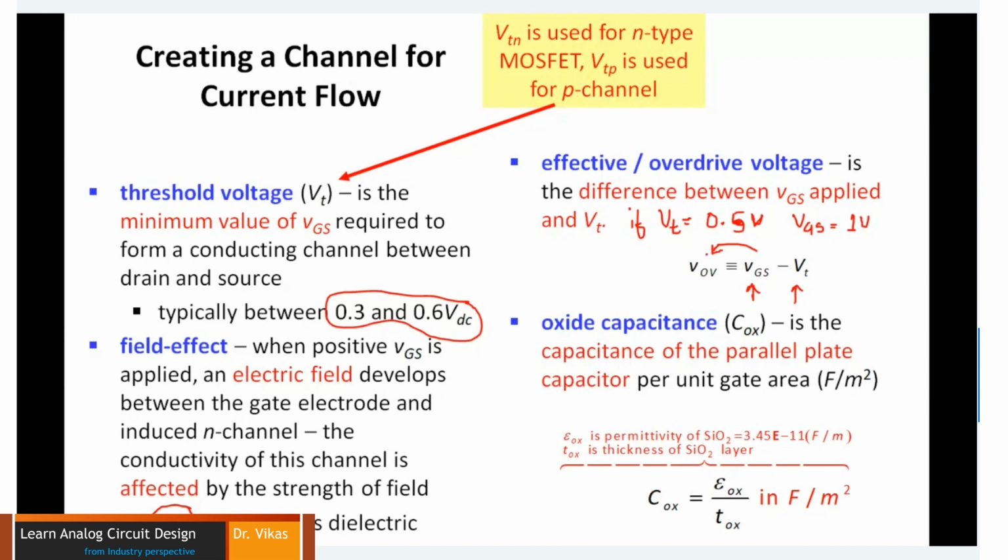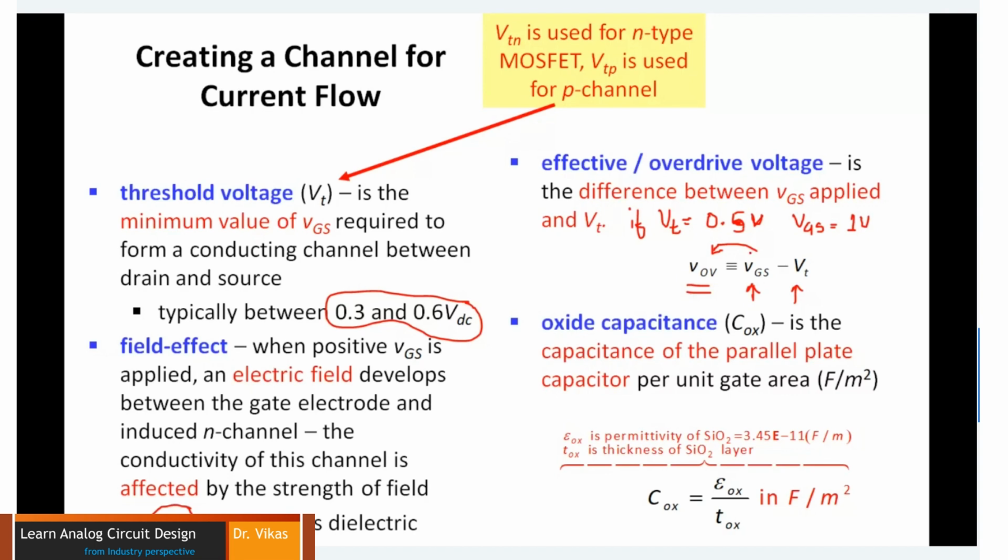It is the effective voltage that makes the channel formation and ensures current flows between source and drain. This is one of the most important terms to remember: the overdrive voltage, the difference between the applied VGS and VT.